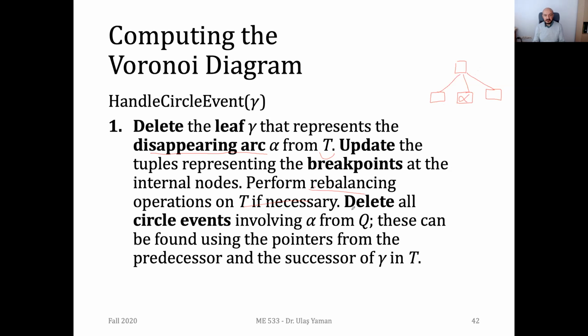Another thing we need to do is delete any events involving our arc. Since this does not exist anymore, we shouldn't be handling any events related to alpha. And we can easily find them by checking the pointers from the predecessors and the successors of our leaf gamma.